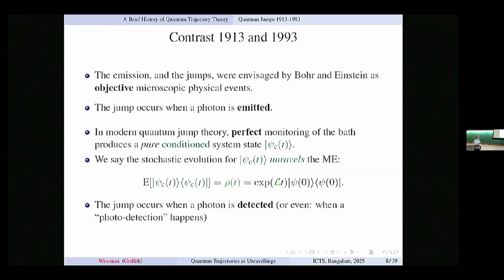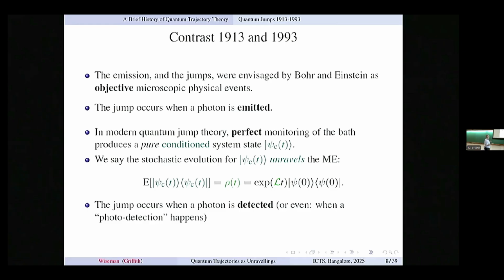Okay, so just to contrast, going back to 1913, where we were. At that point, the emission of the jumps, as I said, was envisioned as objective microphysical events. And the way you'd say it is that the jump occurs when the photon is emitted, right? Whereas in modern quantum jump theory, we can think of the jump as resulting from perfect monitoring of the bath, producing a pure conditioned state.